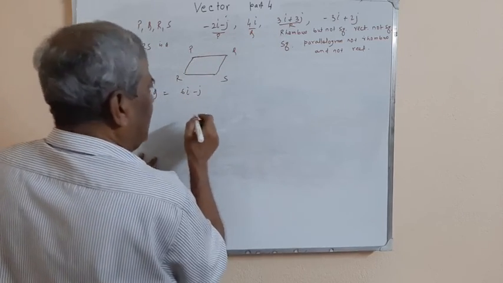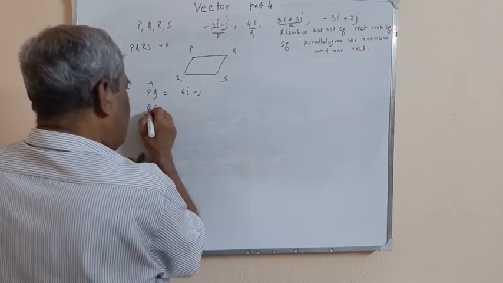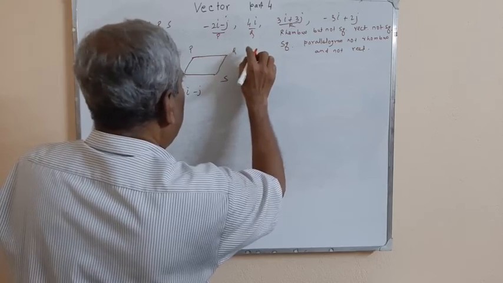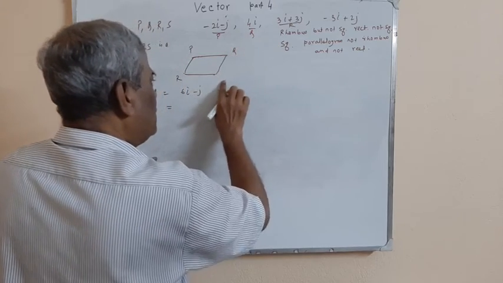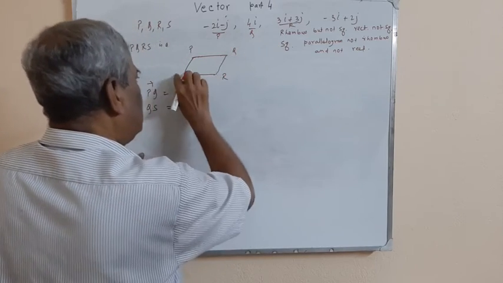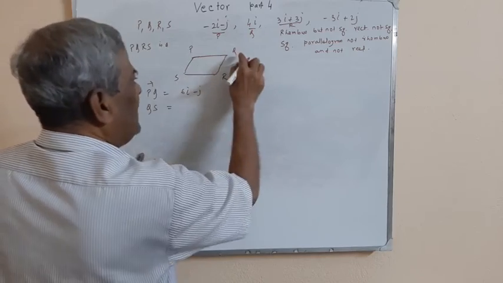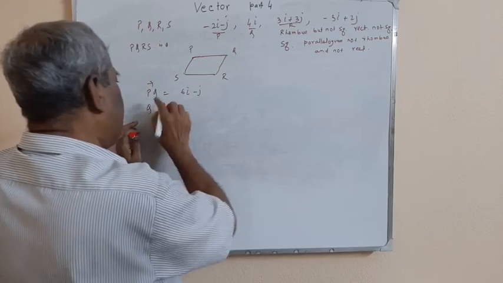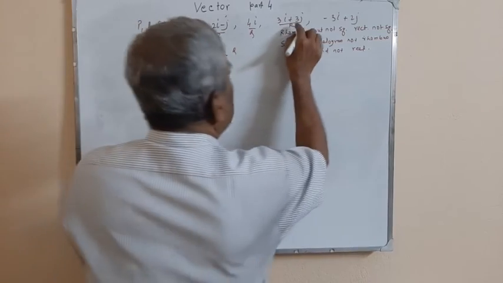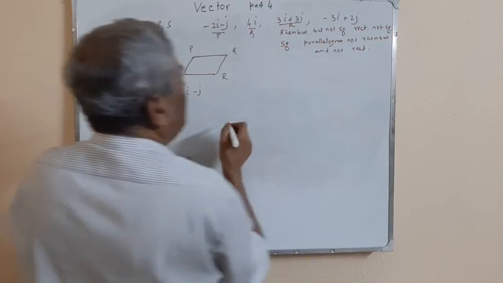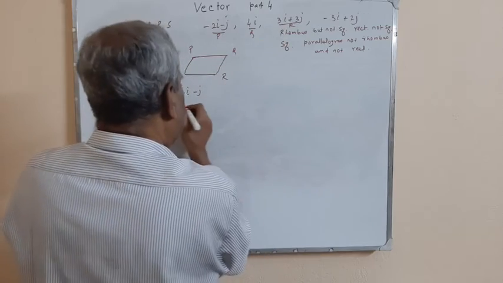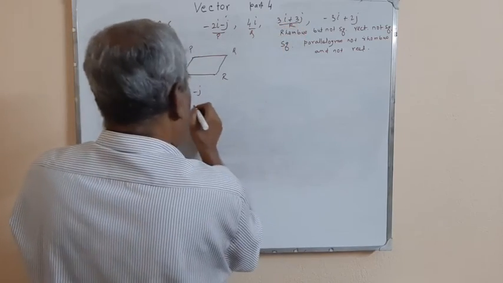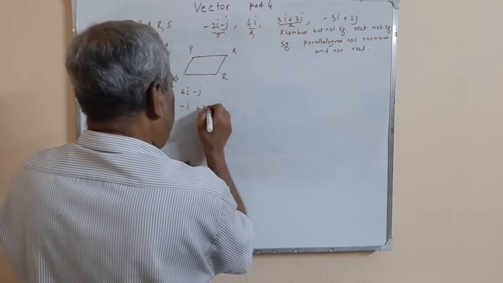This is PQ vector. QR vector is position vector of R minus that, that is 3i minus 4i plus 3j.